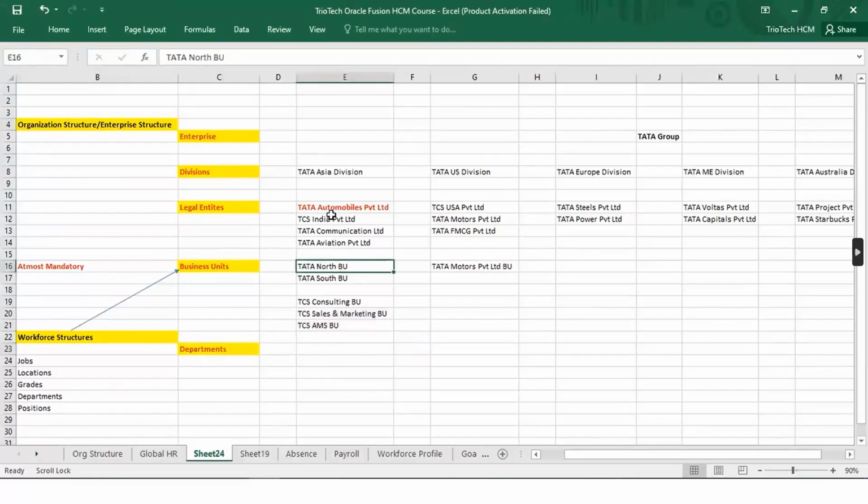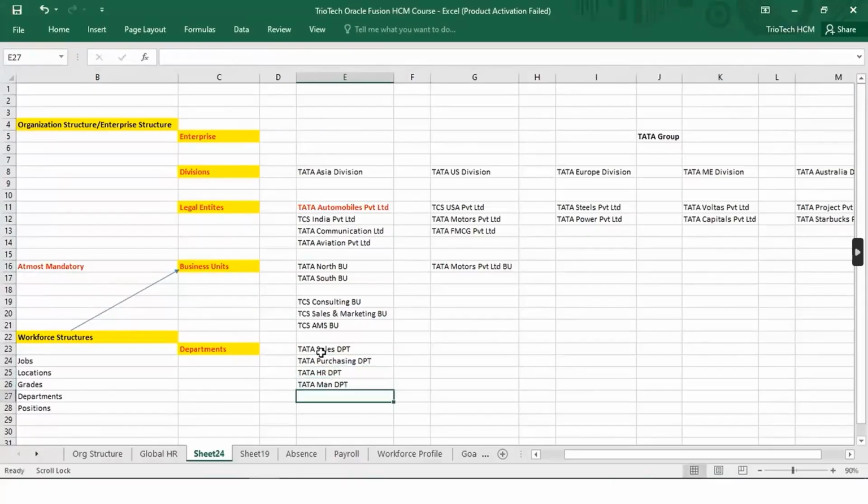Now under TCS India Private Limited, I have two business units team. Now under Tata Automobiles Private Limited, I have two business units team. Now under Tata North BU, let's say I have the departments like Tata Sales Department, then Tata Purchasing Department, okay, then Tata HR Department, then Tata Manufacturing Department, okay, what not.